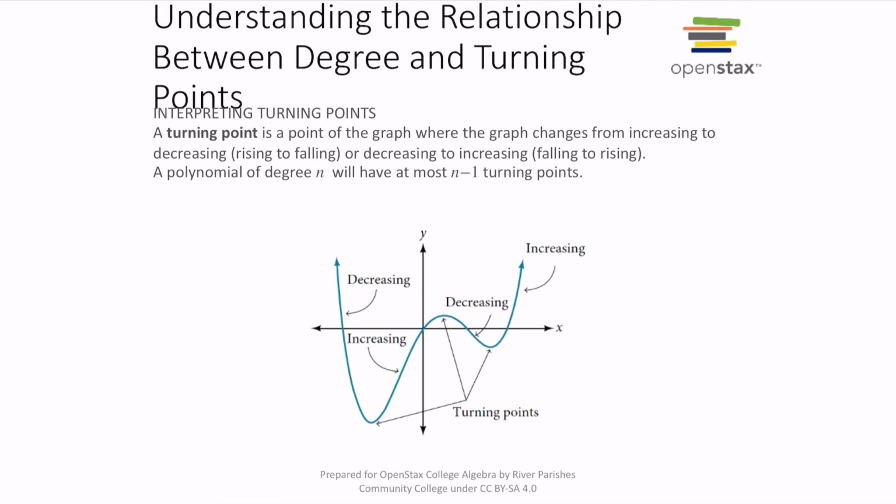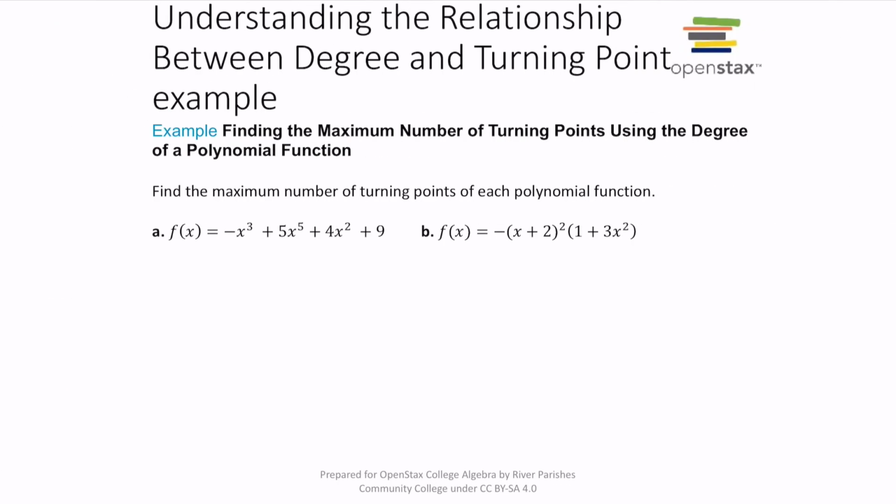Now understanding the relationship between the turning points: the turning points show you where a function changes its behavior from decreasing to increasing or increasing to decreasing. So what is the maximum number of turning points in each polynomial?